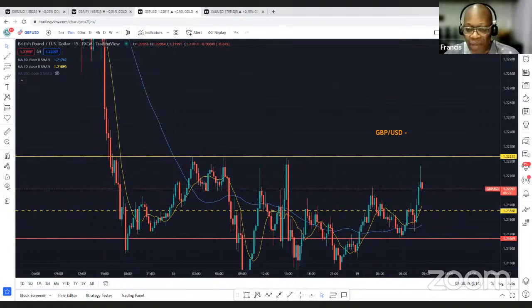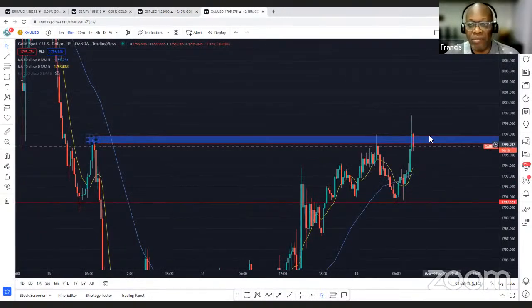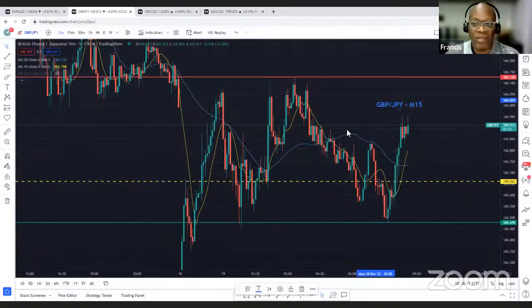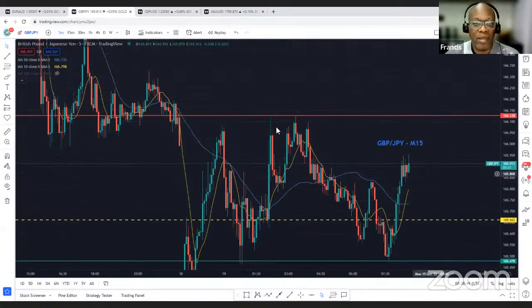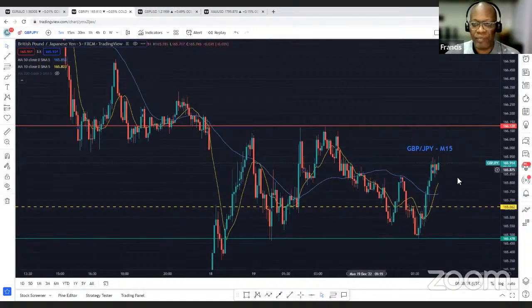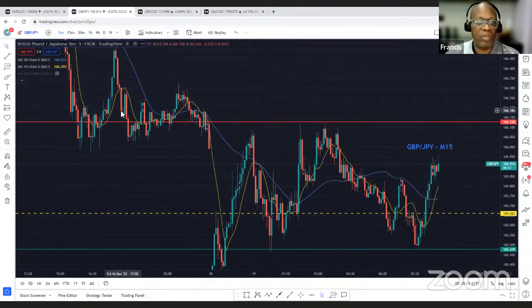So let's check some other pairs. Like I say, pound USD and gold move pretty much the same way. Let's look at GJ. They all tend to have an area they need to break above or below.